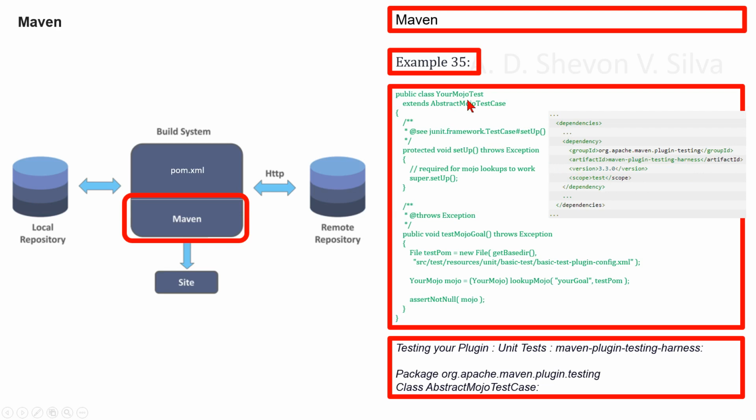By convention, the class extends the AbstractMojoTestCase. Required for Mojo lookups to work.